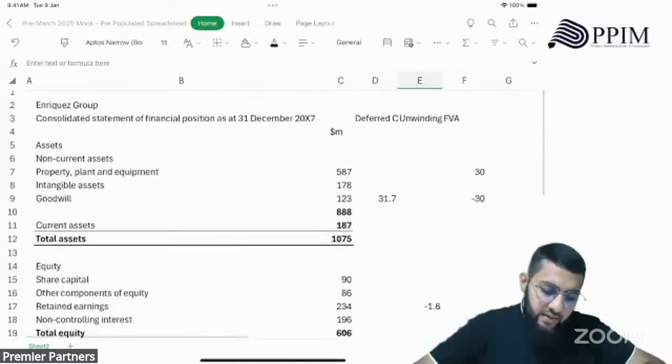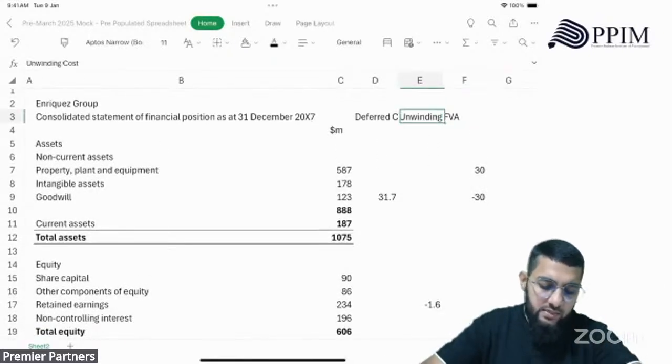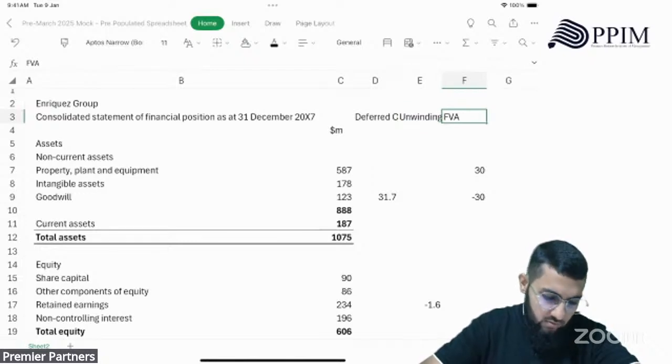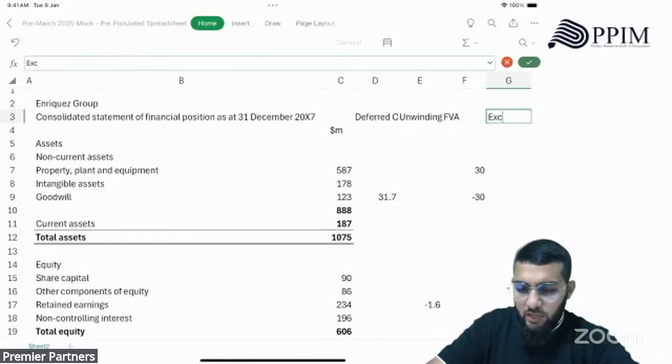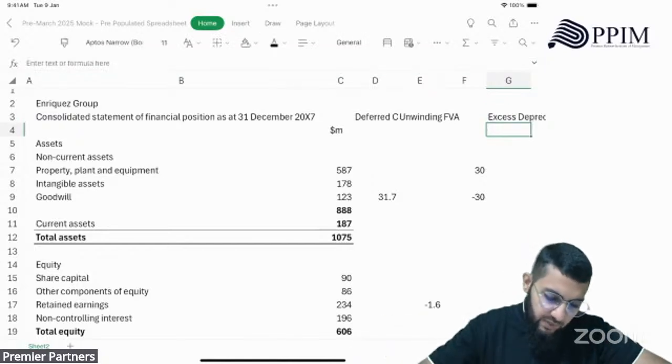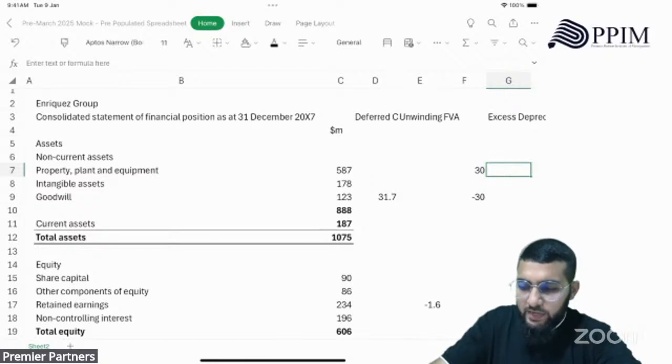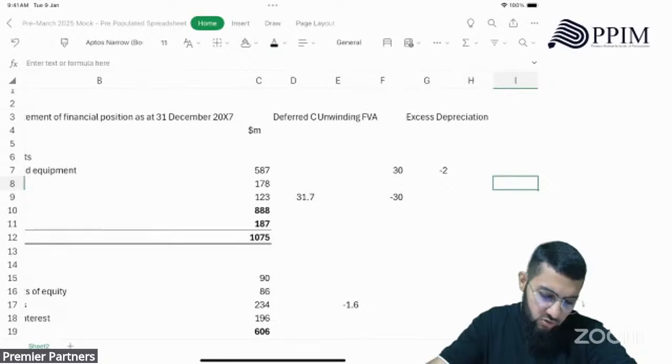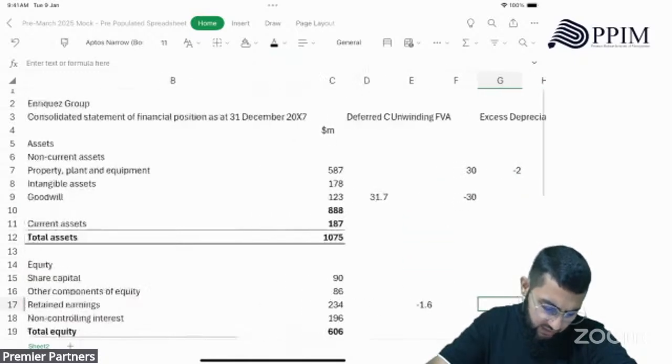Then the next correction we need to make is the excess depreciation. How does the excess depreciation work? That's going to reduce our PPE, credit PPE by 2 million, and that is going to impact our retained earnings and NCI.